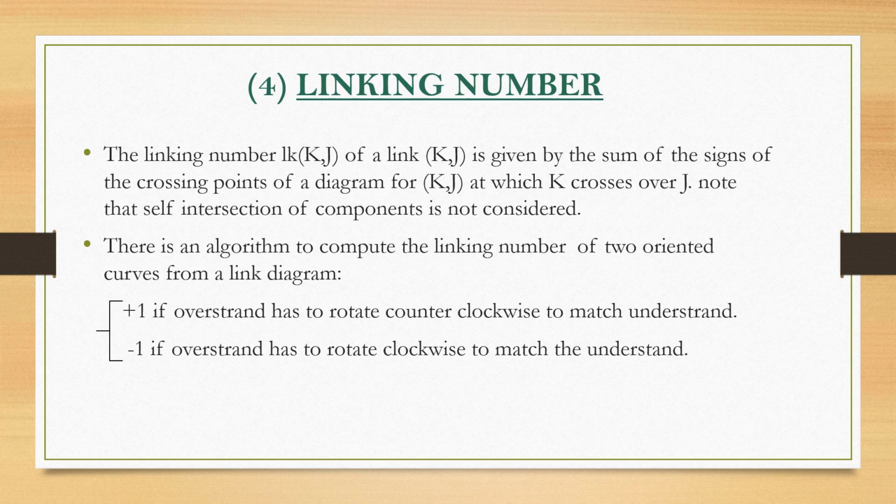So there is an easy algorithm to compute the linking number. That is, if you have to rotate the overstrand counterclockwise to match the understrand, you give a +1 sign, whereas -1 is given if the overstrand has to rotate clockwise to match the understrand.